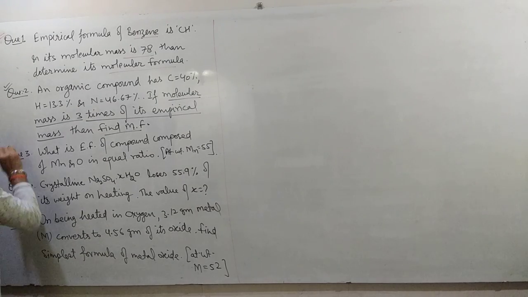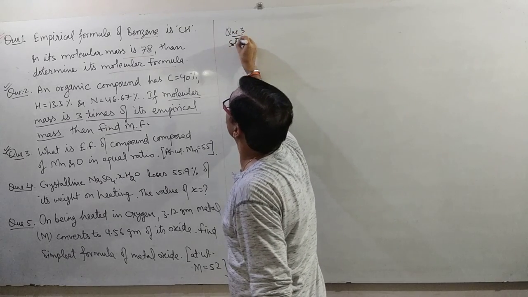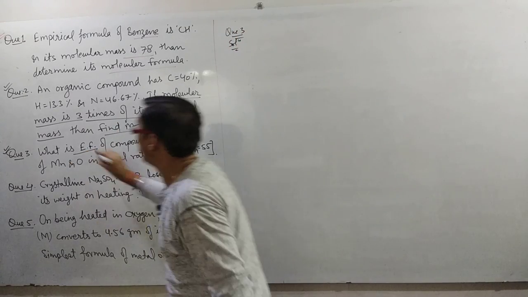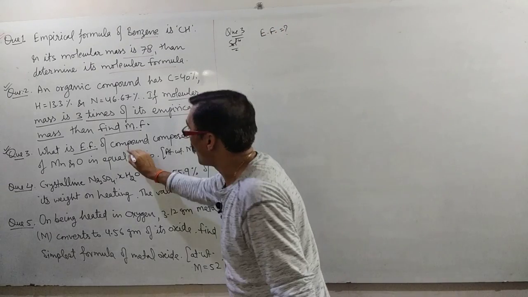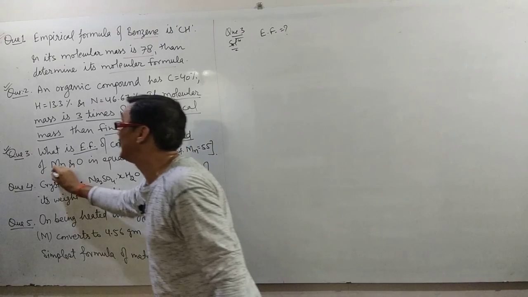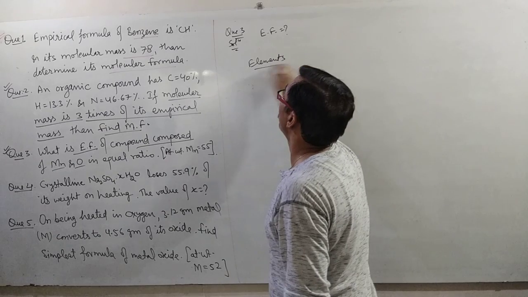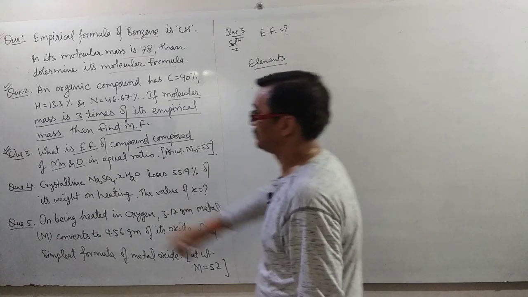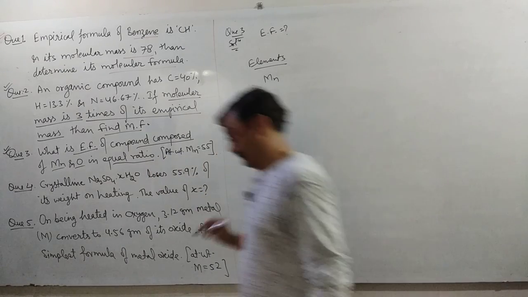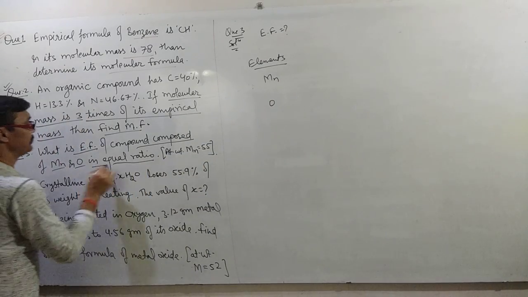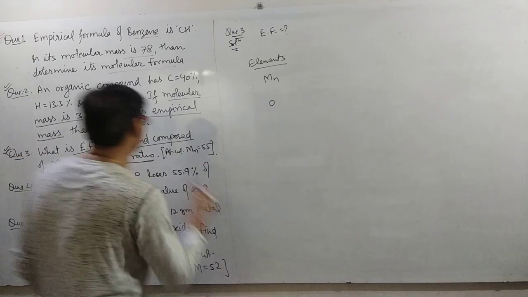And the third question, solution. What is the empirical formula of the compound composed of manganese and oxygen? The elements of the compound are manganese and oxygen in equal ratio. But equal ratio in number or in mass?